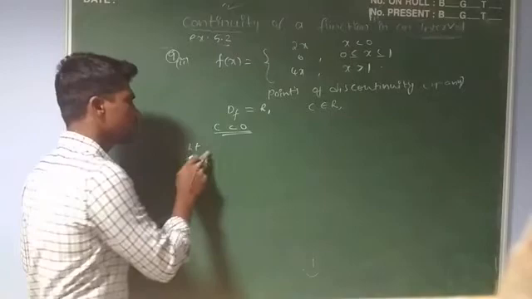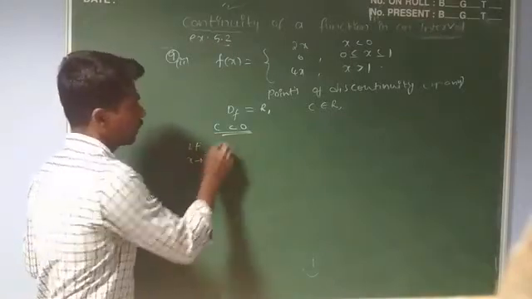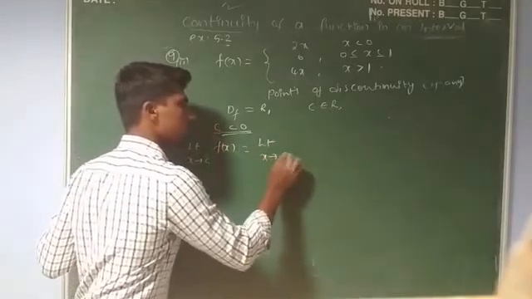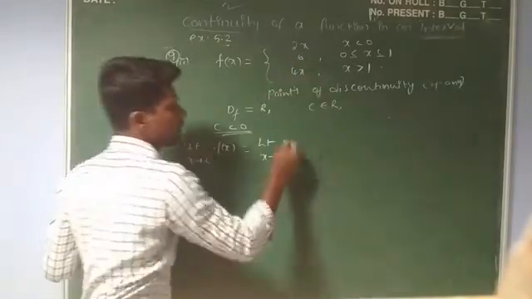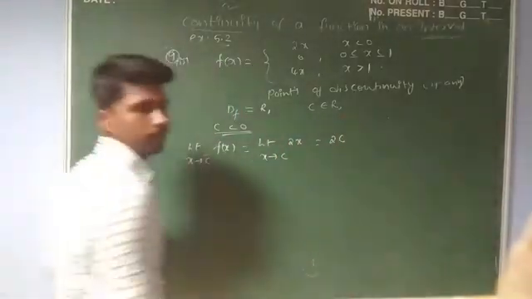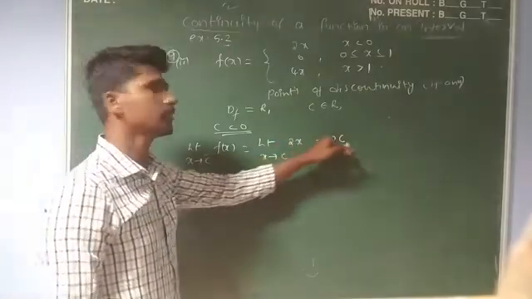For c less than 0, what is the value of limit x tending to c of f of x? f of x is defined as 2x, so limit x tending to c of 2x is 2c.